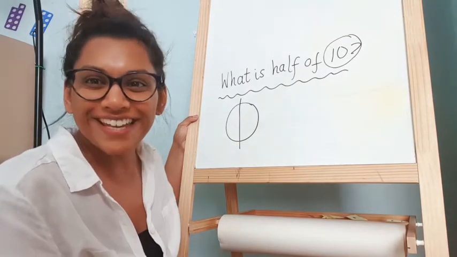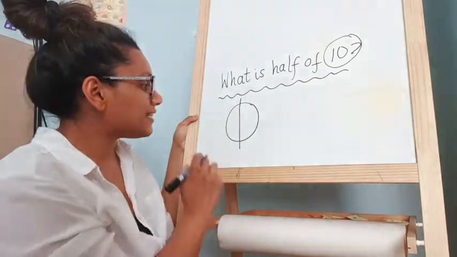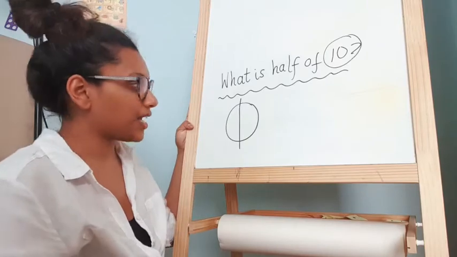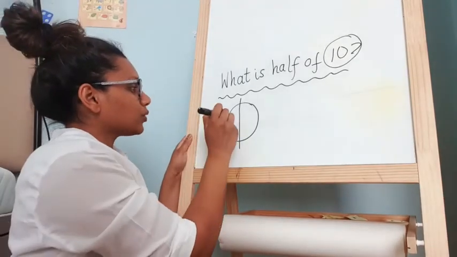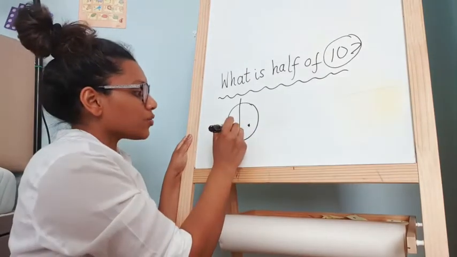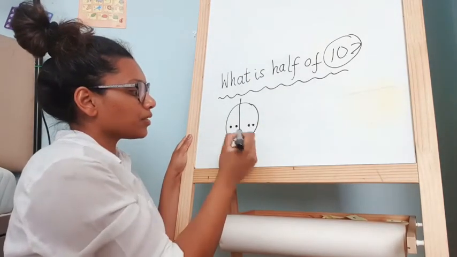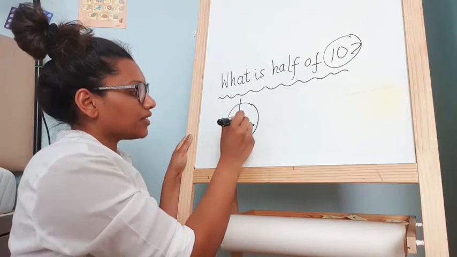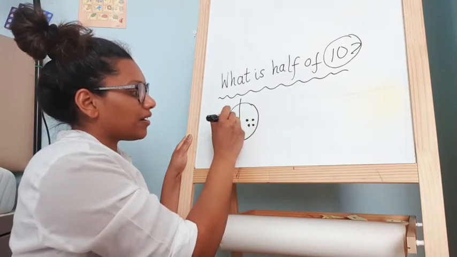Great. Now we're going to share 10 into the two equal parts, okay? So 1, 2, 3, 4, 5, 6, 7, 8, 9, 10.